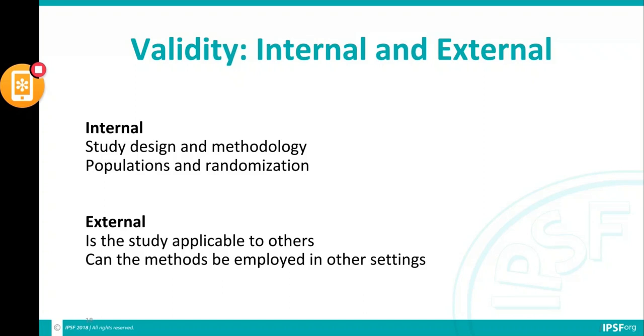Studies without good external validity might be really strongly designed and might have really great outcomes, but they just weren't performed on a patient population that is going to be helpful when thinking about a disease state.